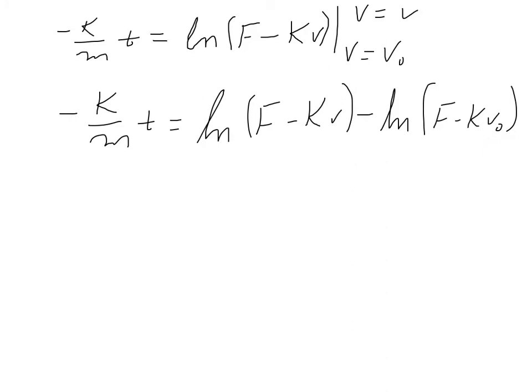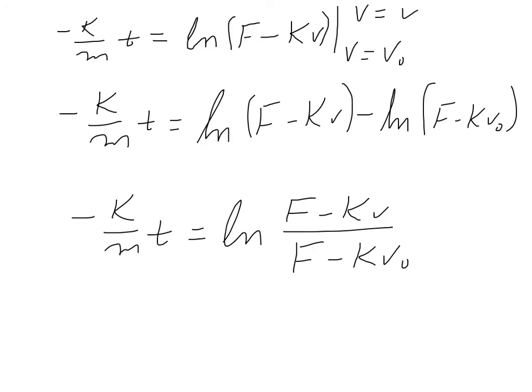You might remember from logarithms that if you have two logarithms that are subtracted, it turns into a fraction. So it really looks like minus k over m t equals the logarithm of just one thing, because the natural logarithm of this minus the natural logarithm of this is the natural logarithm of that fraction. Now I want to solve for this v, so I want to get outside of the natural logarithm.